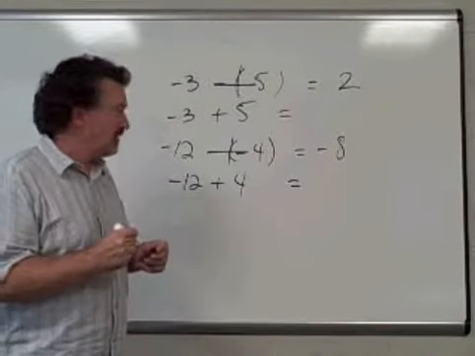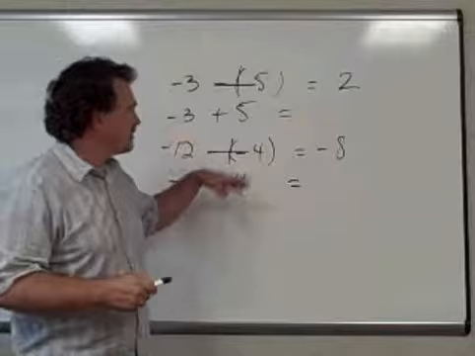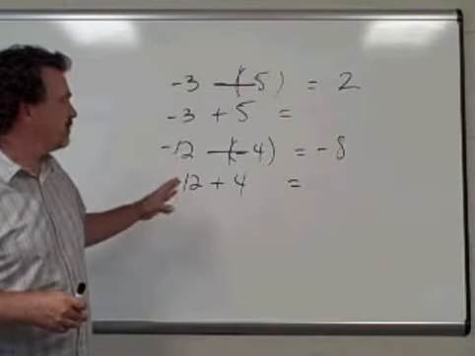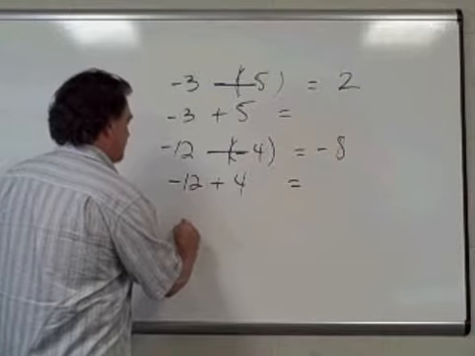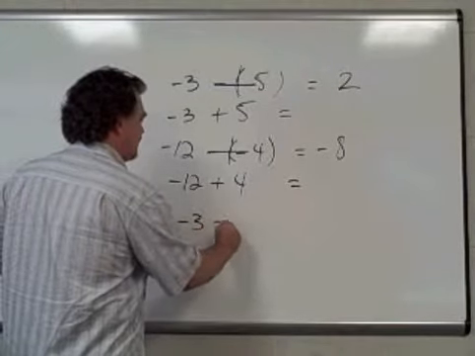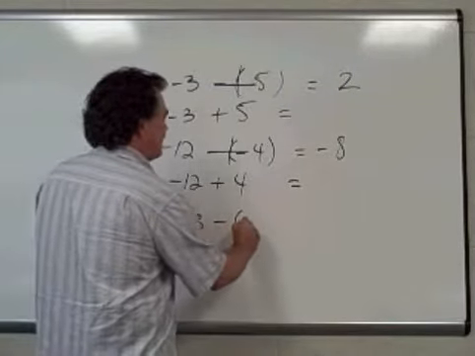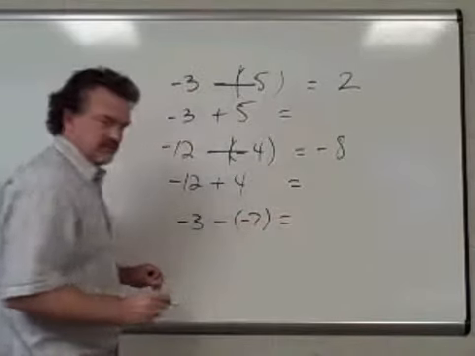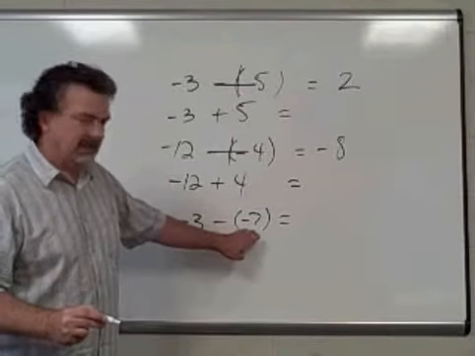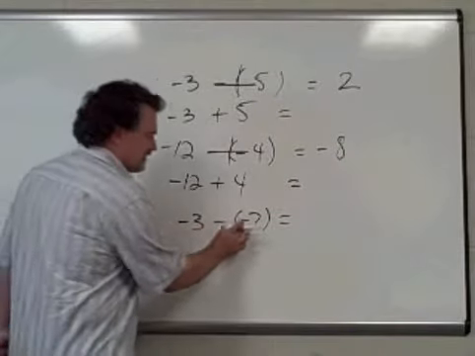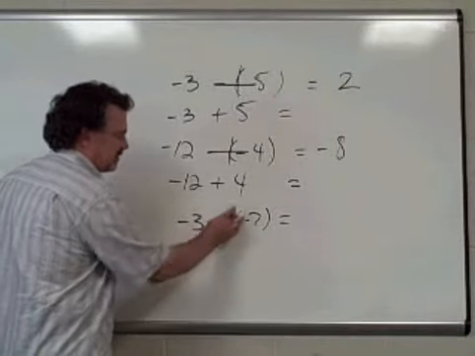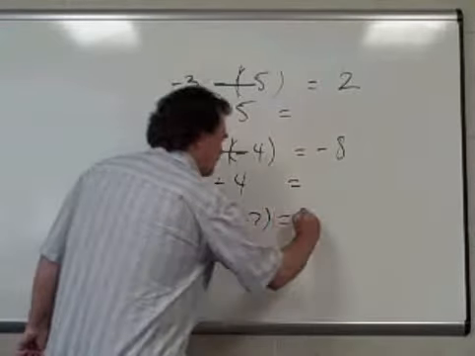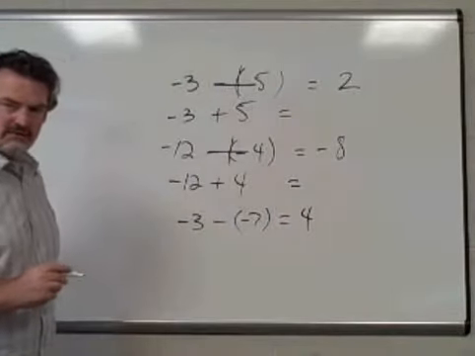So hopefully one of those lines of thought will help you handle problems where you have a number, positive or negative, and you're subtracting a negative number from it. When you're subtracting a negative number, just remember the double negative makes that become plus, and this would really be -3 plus 7, which would give us +4.